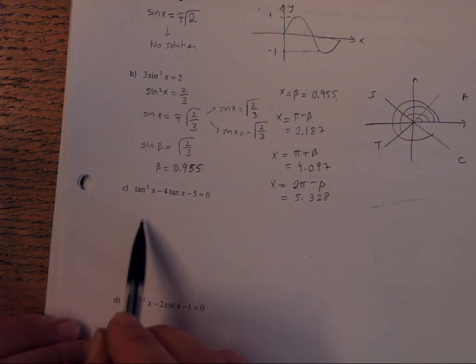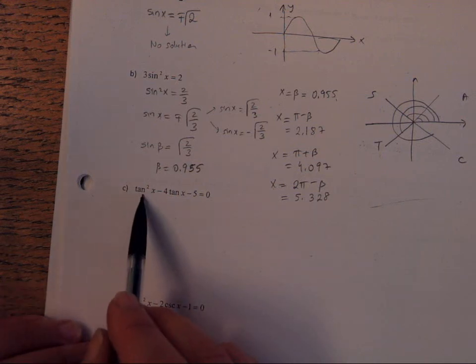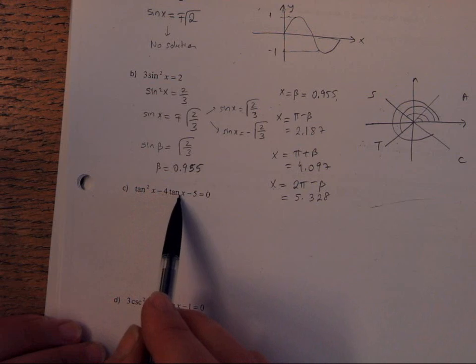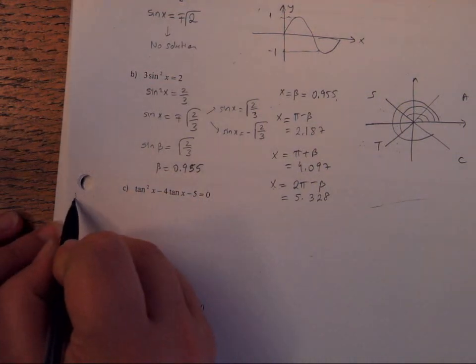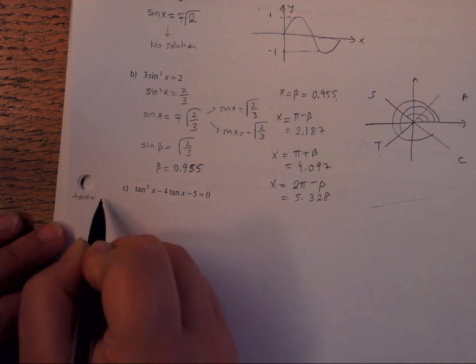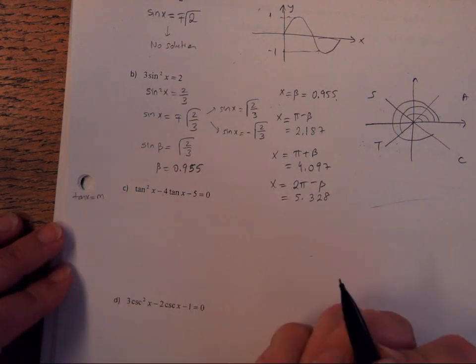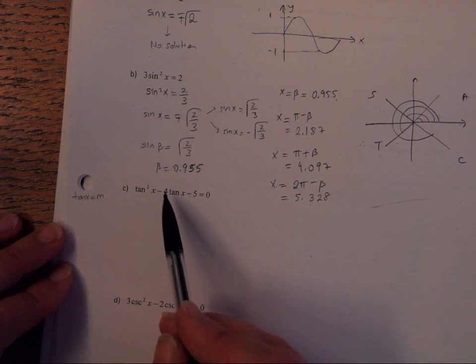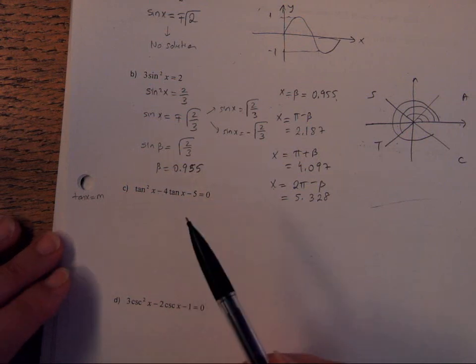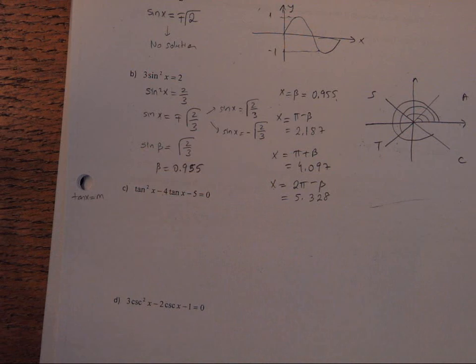Okay, so let's look at the next example. We have tangent square x minus 4 tangent x minus 5. If you think of tangent x as m, then you get m square minus 4m minus 5. This looks like a regular trinomial that you can factor.